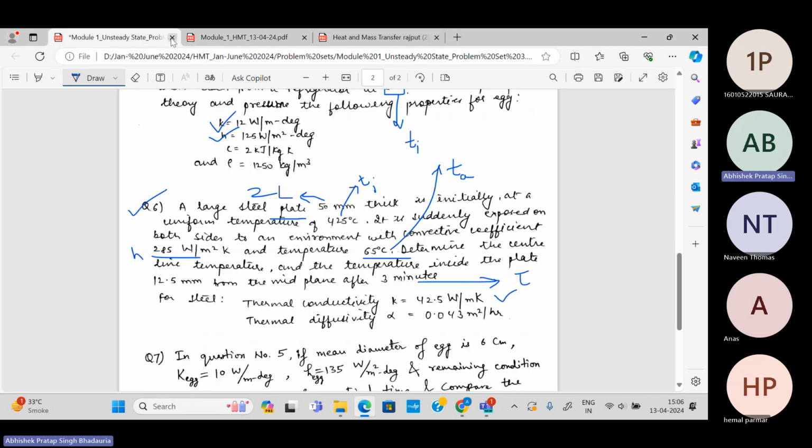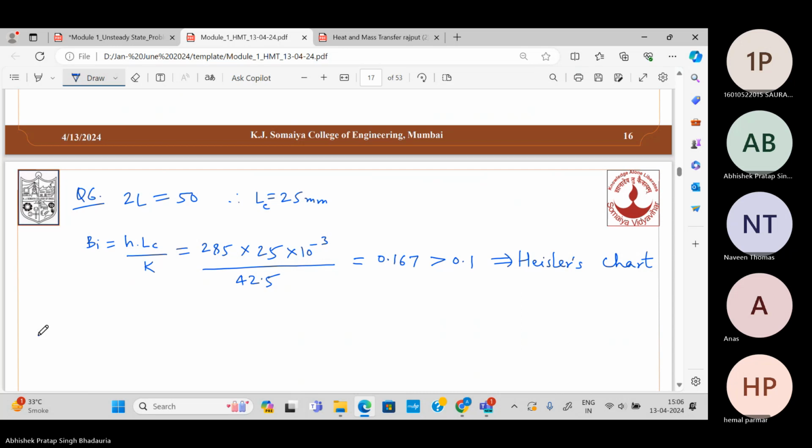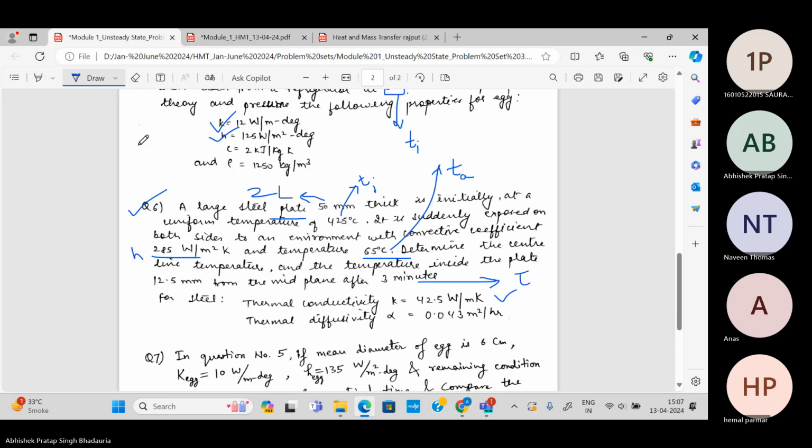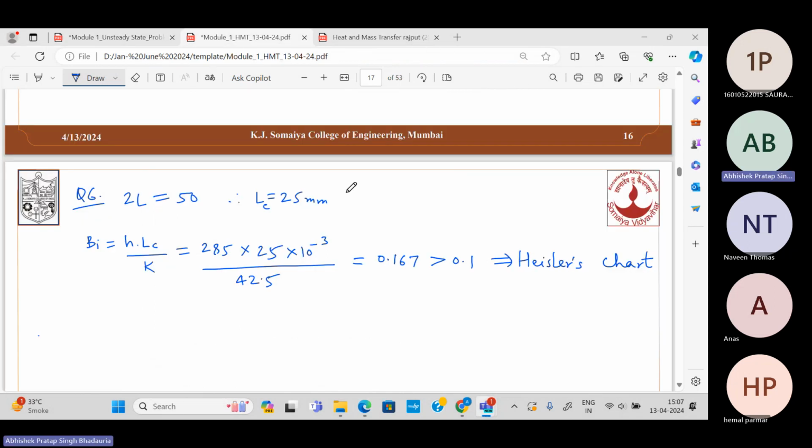Just a minute, I will. One minute, please. I want to share that. Okay, I have identified all these values here. Now let's go ahead. I want to open this.